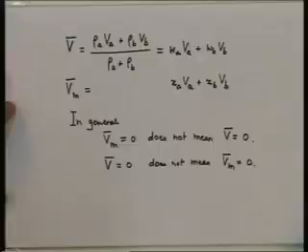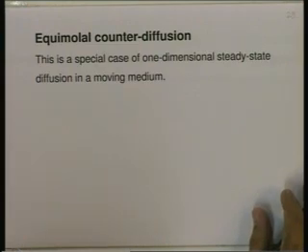Now we move on to the next case, which is again a one-dimensional steady state situation and which is known as equimolar counter diffusion. In equimolar counter diffusion, we look at a situation which is like this. Let me sketch it.